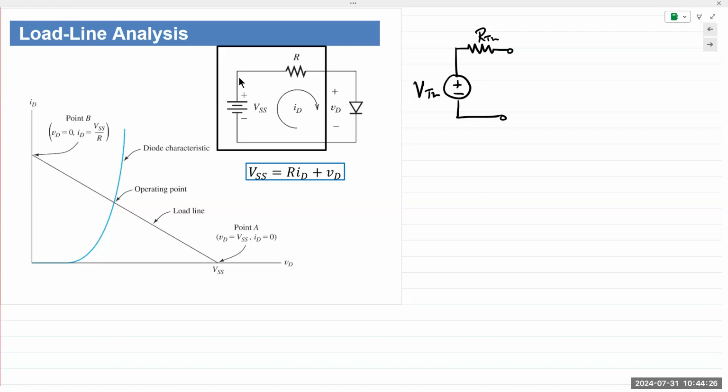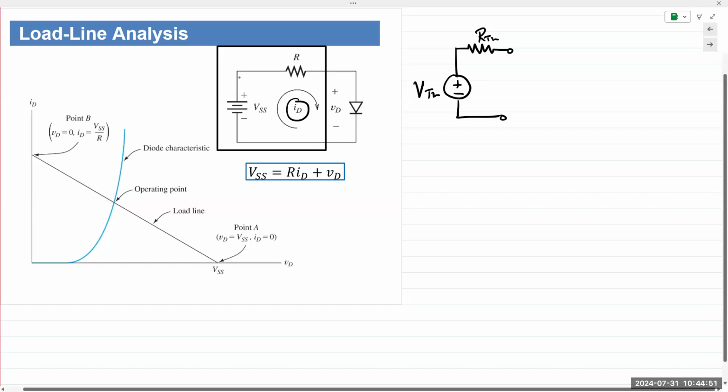Positive, negative simply means which terminal of that element is higher than the other. If VD is plus 5 volts, it means the anode is higher than the cathode of the diode by 5 volts. If VD is minus 6 volts, that means the anode is 6 volts lower than the cathode. That's all it means. And then similarly, the current flowing through the diode is labeled as ID.